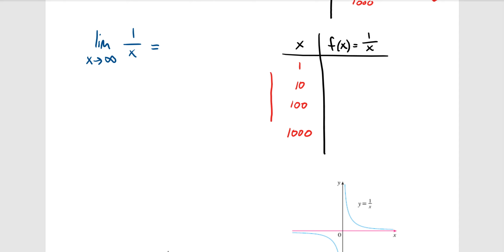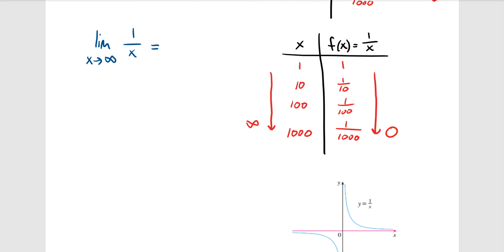So I'm choosing values that are bigger and bigger, which means x is going towards infinity. And let's plug them in. So 1 over x, that's 1 over 1. And then 1 over 10, 1 over 100, 1 over 1,000. You can write those as decimals like I just did before, and you would see that these values are getting smaller and smaller, which means they're going towards 0.